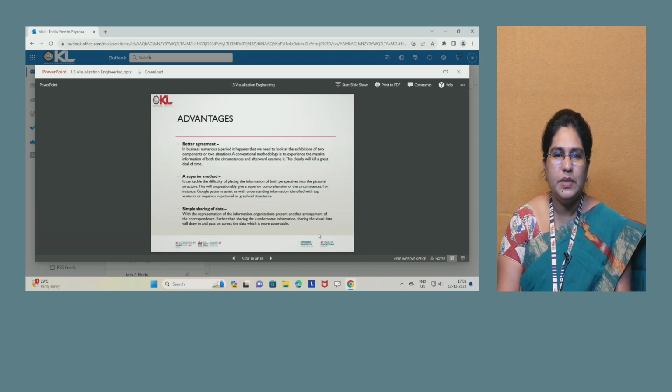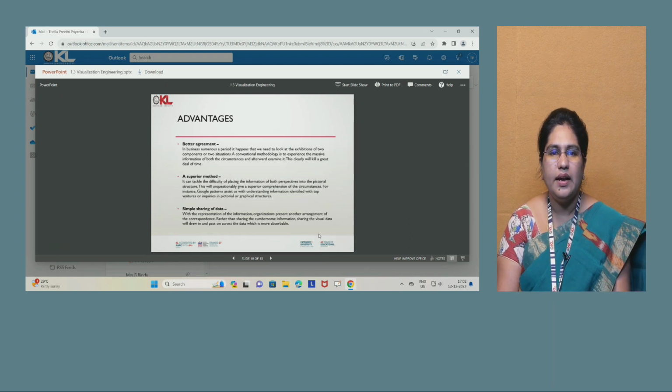A conventional methodology is to go through masses of information of both circumstances and then examine. This will clearly kill a great deal of time. So better agreement has to be maintained. A superior method is also needed. What is the superior method? It can tackle the difficulty by placing the information of both perspectives into pictorial structures.